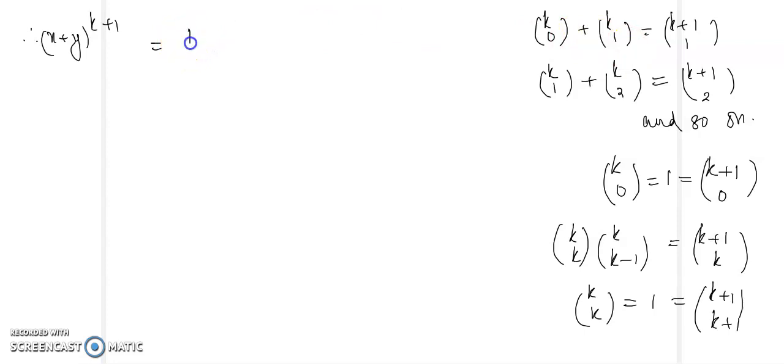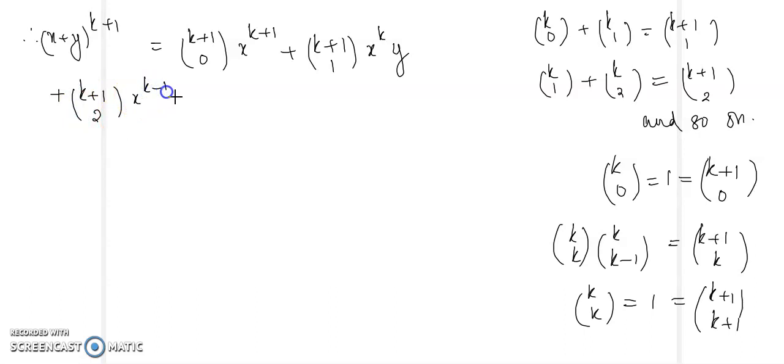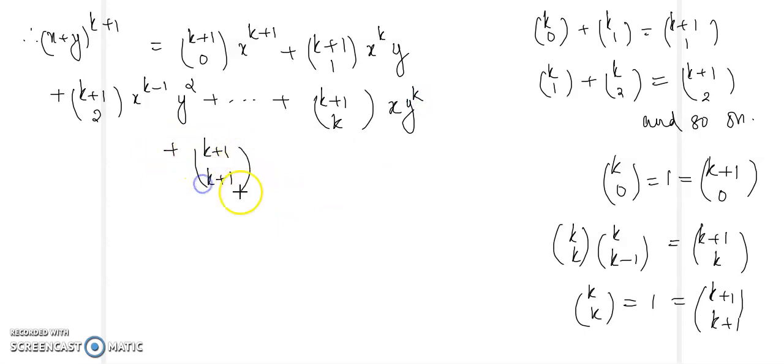So that is k plus 1 C0 x raised to k plus 1 as the first term, plus k plus 1 C1 x raised to k y, then k plus 1 C2 x raised to k minus 1 y squared, plus etc. So you will get k plus 1 Ck x y raised to k, plus k plus 1 C(k plus 1) y raised to k plus 1.